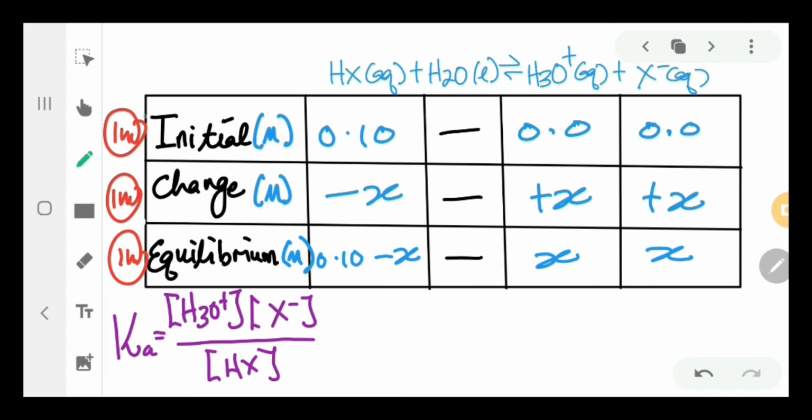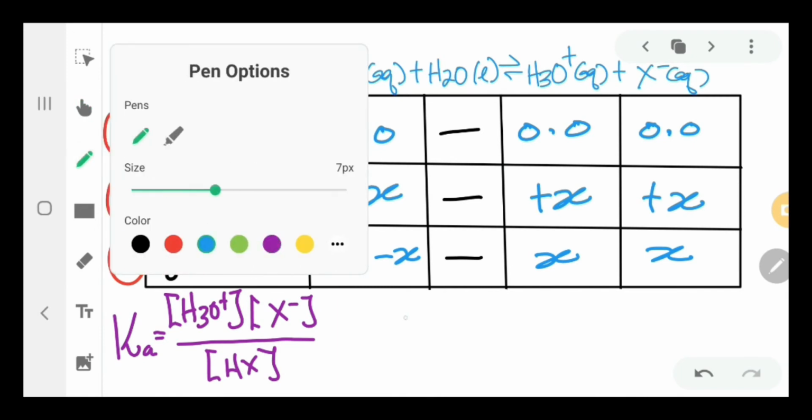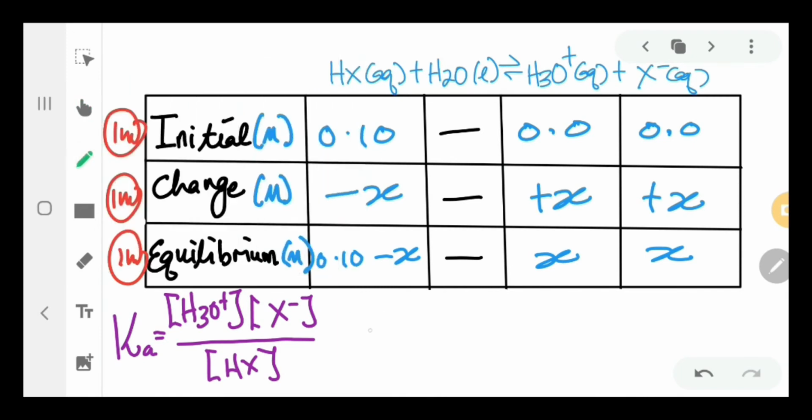And when you plug in the values inside there, you get x squared over 0.10 minus x.